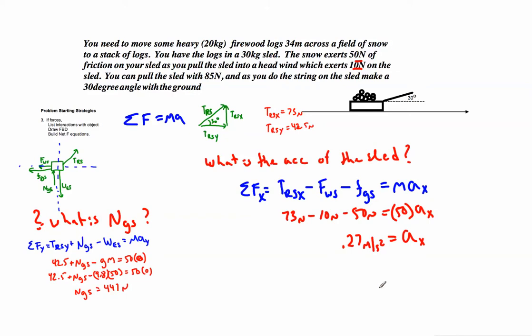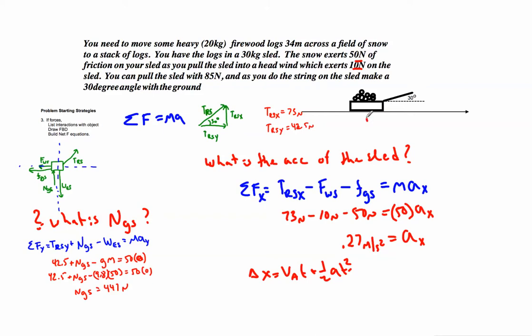Now, you could take it a step further. You might want to know the amount of time it takes to get across the field, or something like that. And at that point, you really have a motion problem. So, for example, you could write out a delta x equation. It's only one-dimensional motion, so delta x equals v_A t plus 1/2 a t squared.